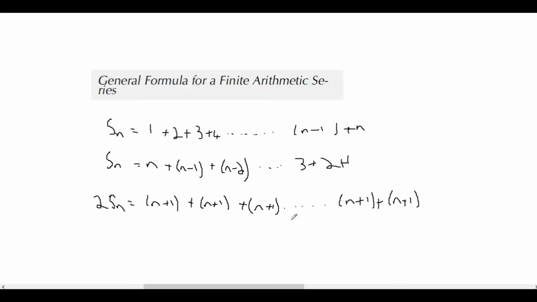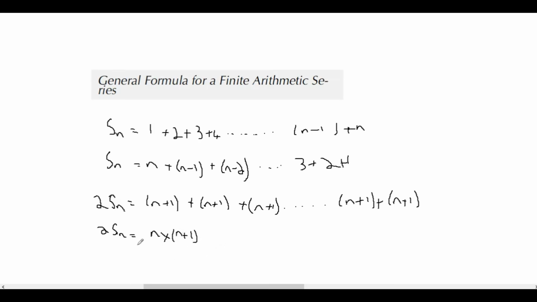And how many n plus 1s do you think there are? There's n of them, right? Because look at how we're getting 1, 2, 3 all the way up to n. There are n terms there, so there'll be n plus 1s. That's the same as writing n multiplied by n plus 1.